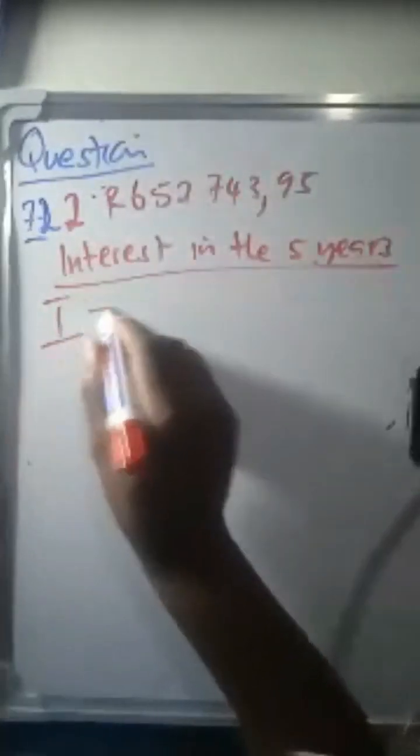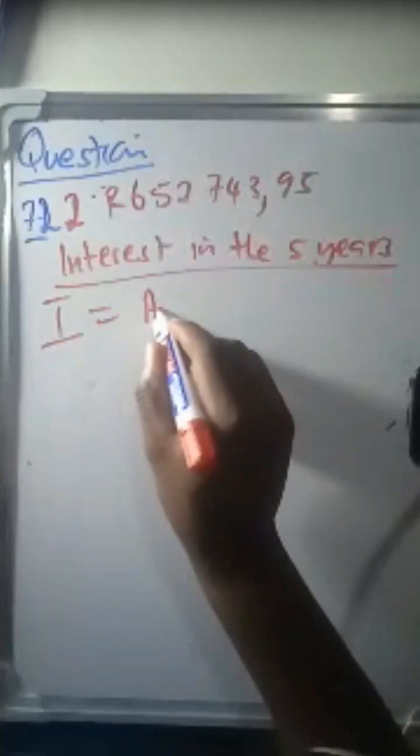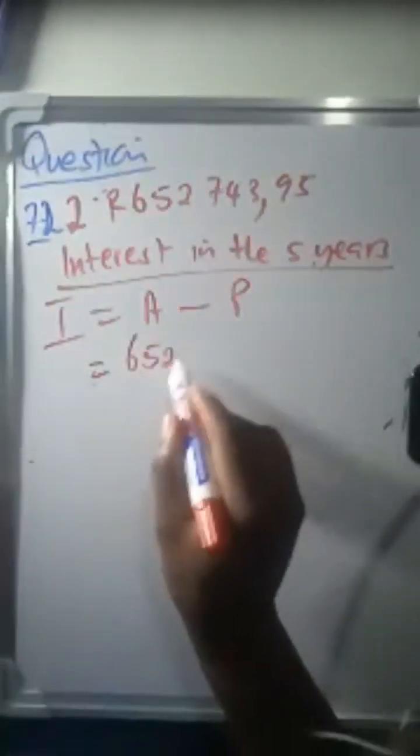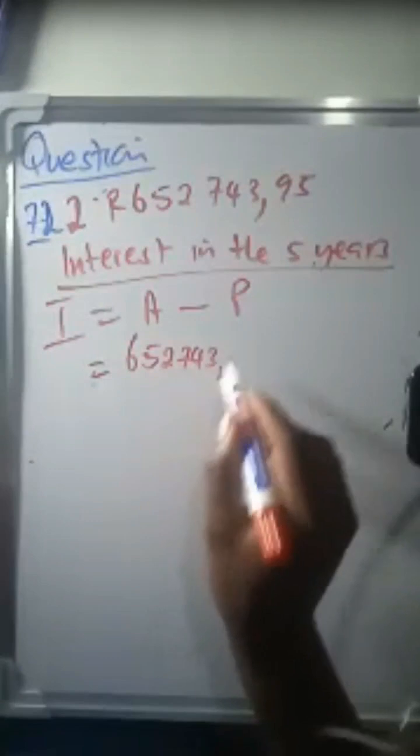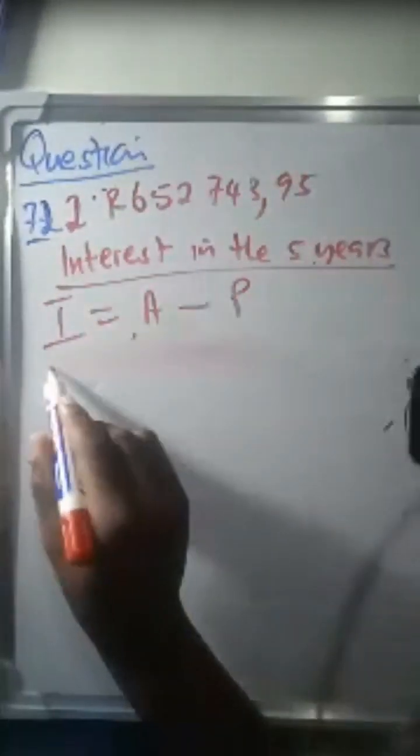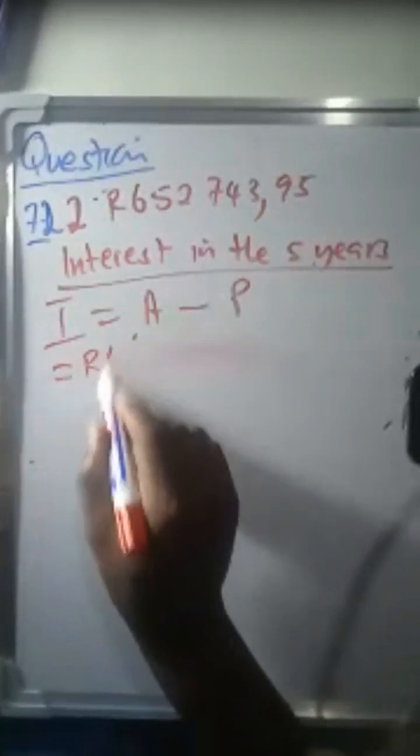Remember that the interest usually is equal to the accumulated amount minus the principal amount. The accumulated amount was 652,743.95 minus the invested amount.